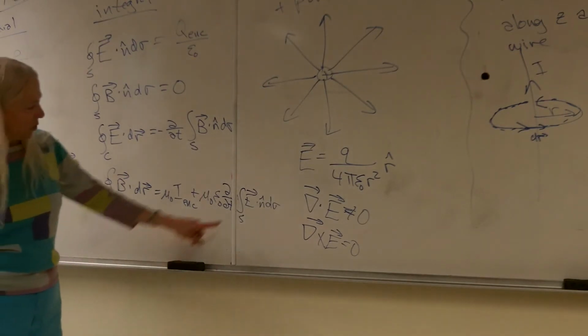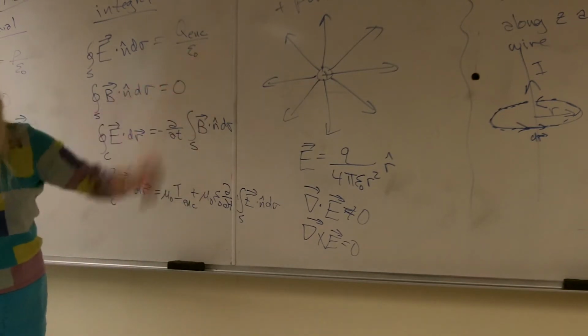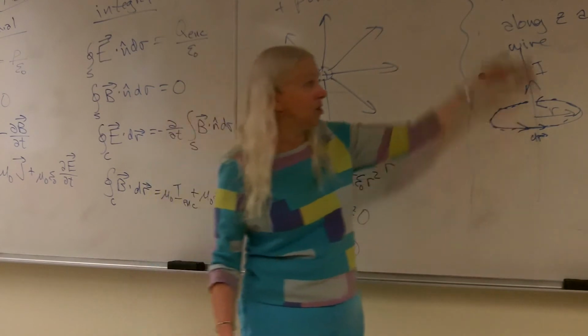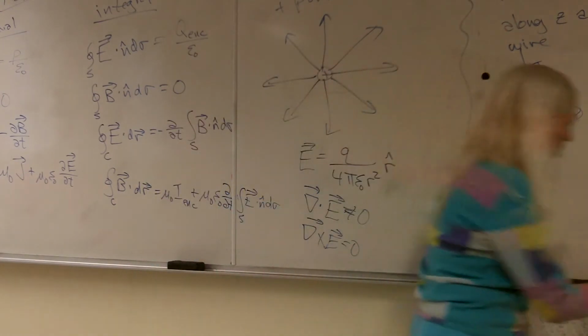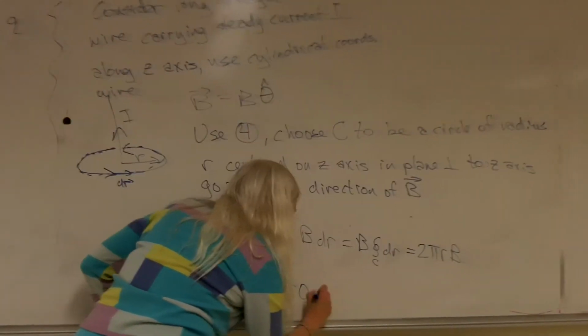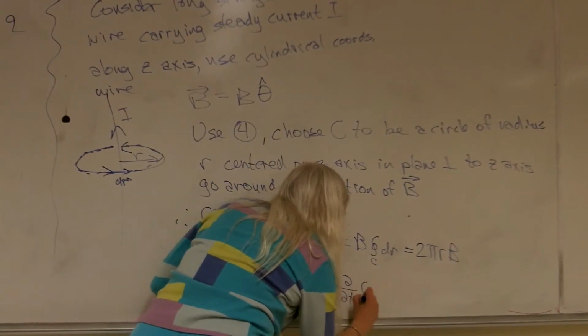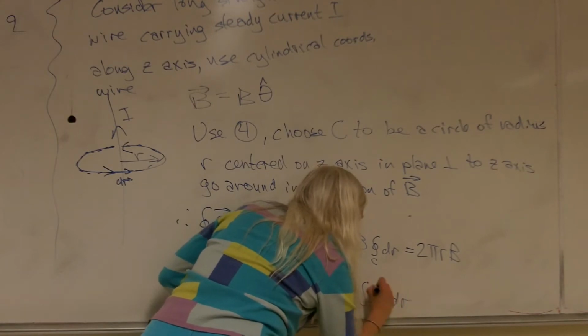Anyway, in this situation the second term on the right-hand side is going to be 0, because we have no electric field. There's no net charge in this wire. We have moving charge carriers, but the wire as a whole is electrically neutral, so the electric field is 0. So of course the time derivative of the electric flux is also 0.